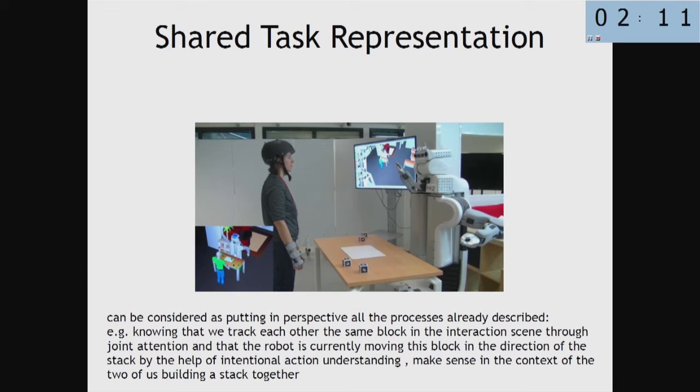So it can be considered as putting in perspective all the processes already described. So knowing that we track the same block in the interaction through joint attention, and that the robot is currently moving this block in the direction of the stack, with the help of intentional action understanding, makes sense in the context of the two of us building a stack together.